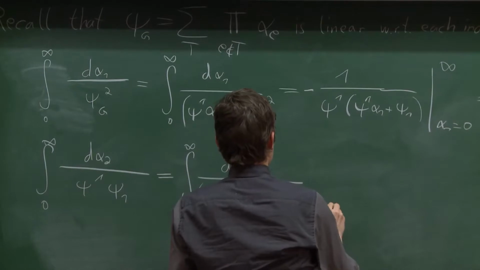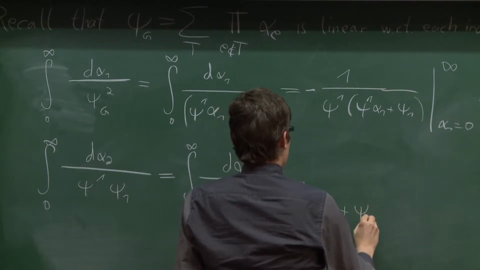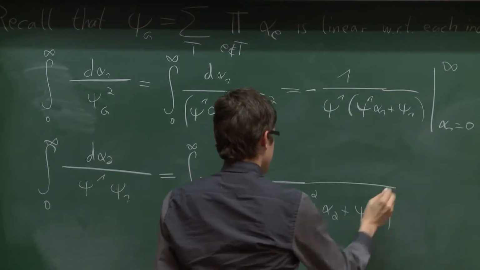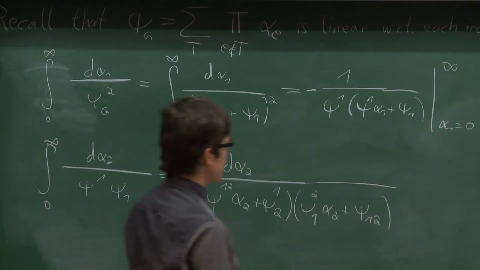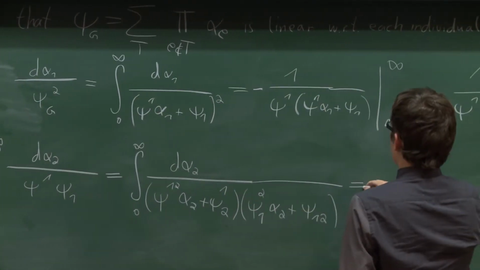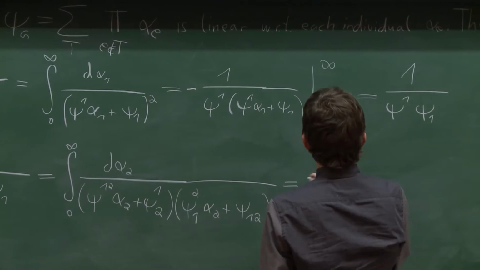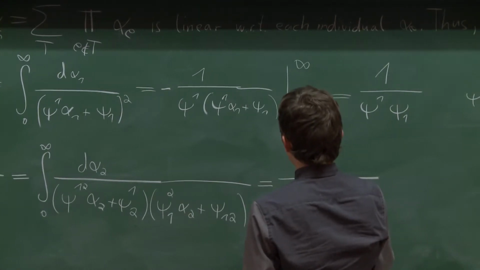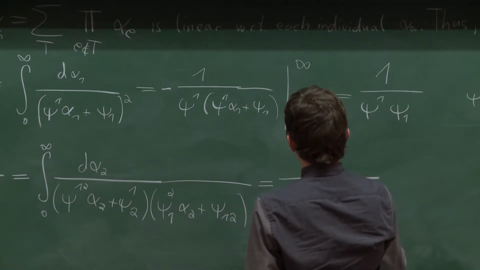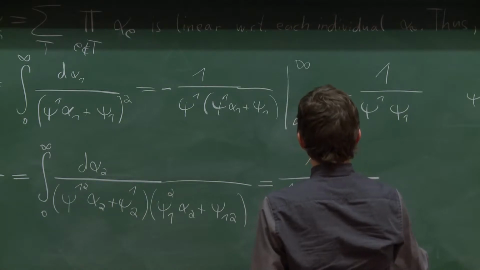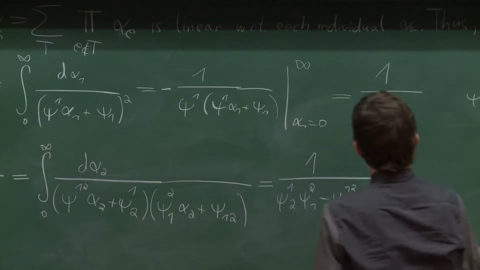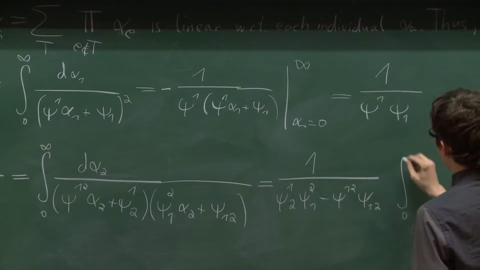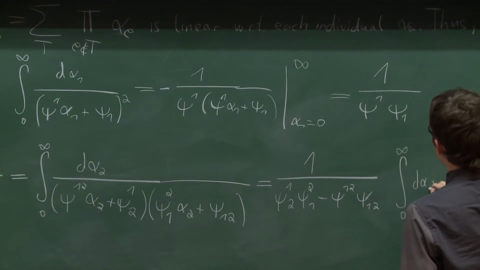Psi lower 1 upper 2 times alpha 2, and the constant part. So how do I do this integral? Well, I do a partial fraction decomposition. So I get a prefactor from the partial fraction decomposition, which you can work out very easily. And then we're left with the integral over alpha 2.